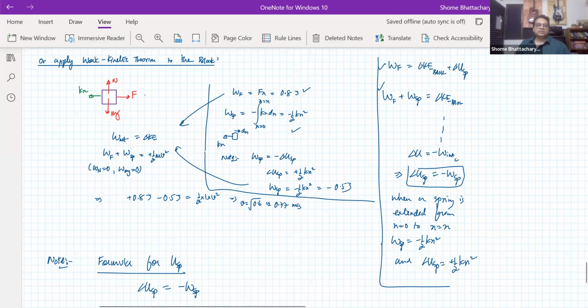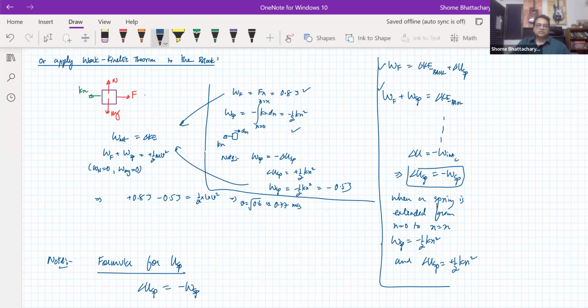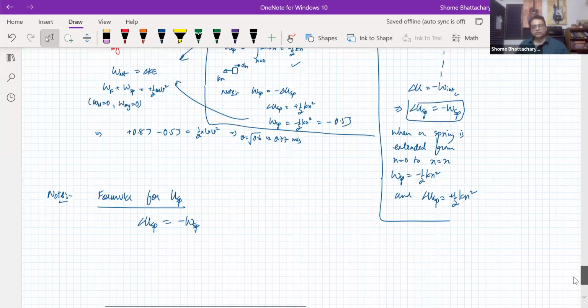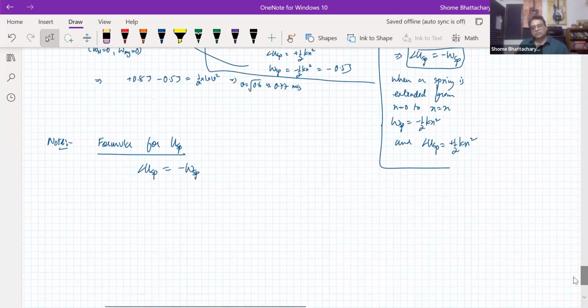In general, we can understand from this that if a spring is taken from some initial state x equal to x1 to x equal to x2, the potential energy goes from u1 to u2, let's say.